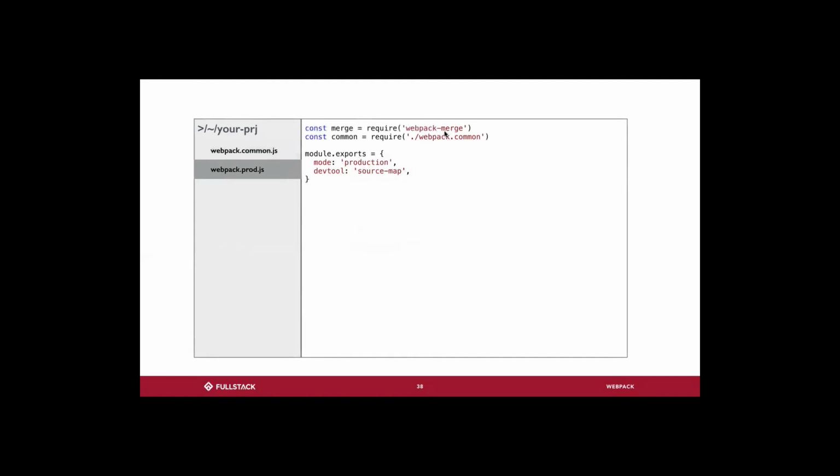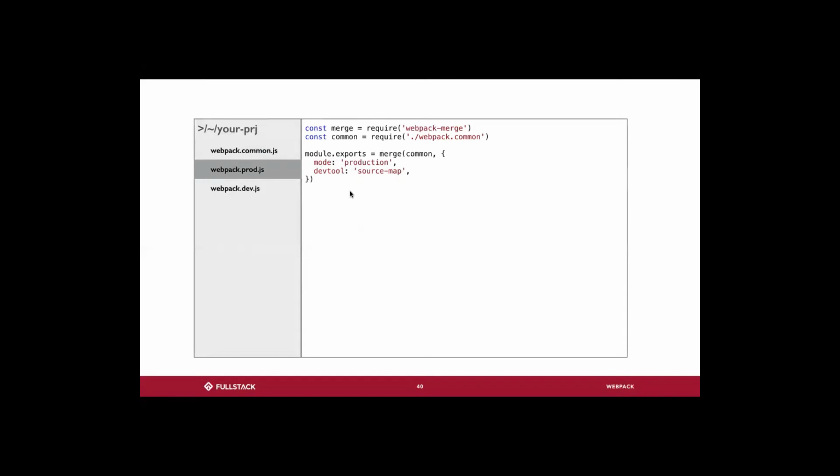I just npm install this. And I'll require my webpack.common.js. Require it here. And then I just invoke the merge function with common and merge in the rest of it. Kind of similar to just using Object.assign. Just putting the two together.